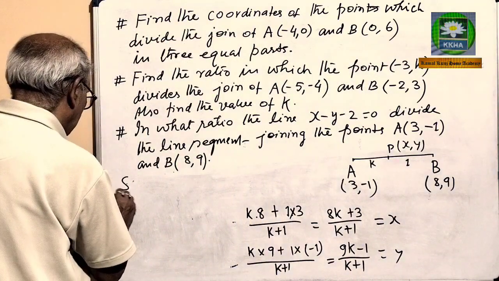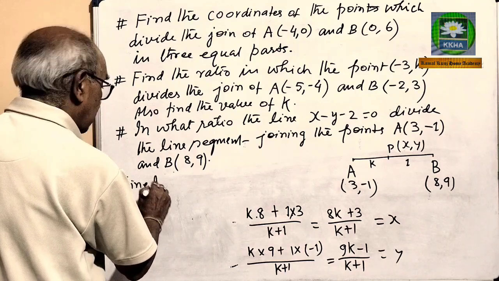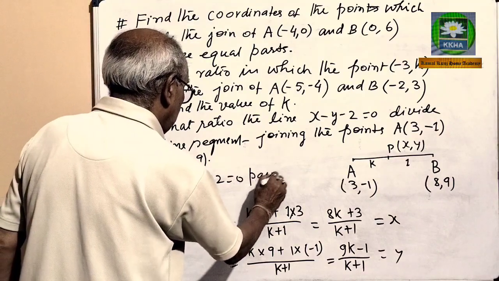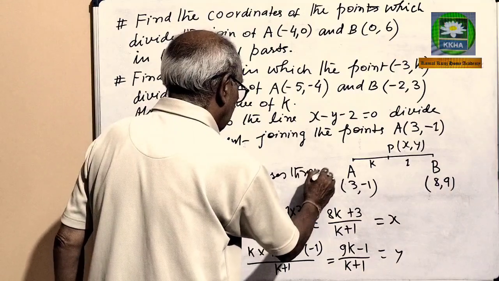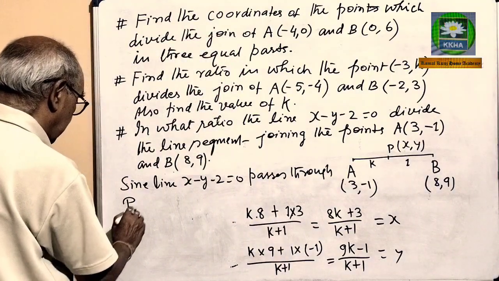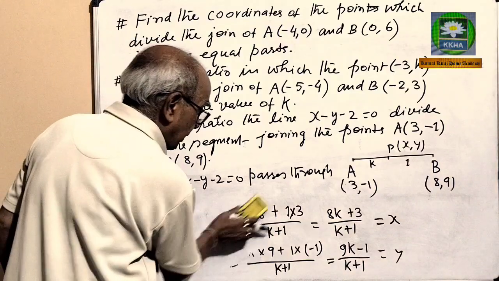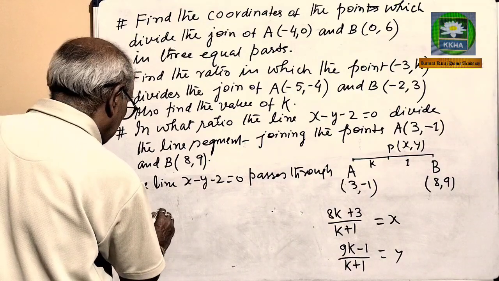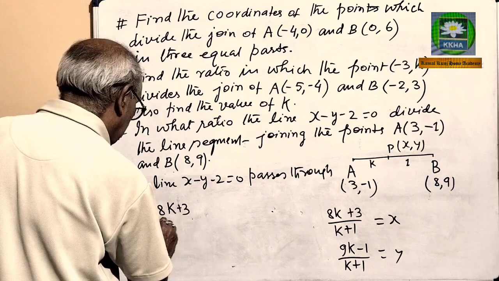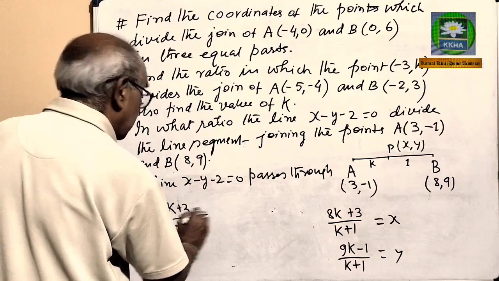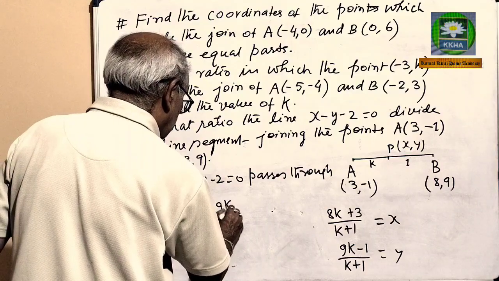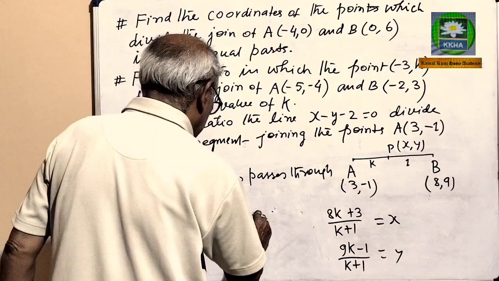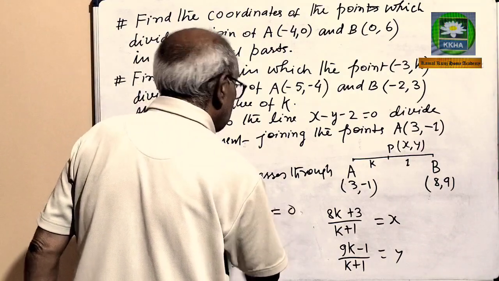Now since line x minus y minus 2 equal to 0 passes through P, hence 8k plus 3 upon k plus 1 minus 9k minus 1 upon k plus 1 minus 2 equal to 0.